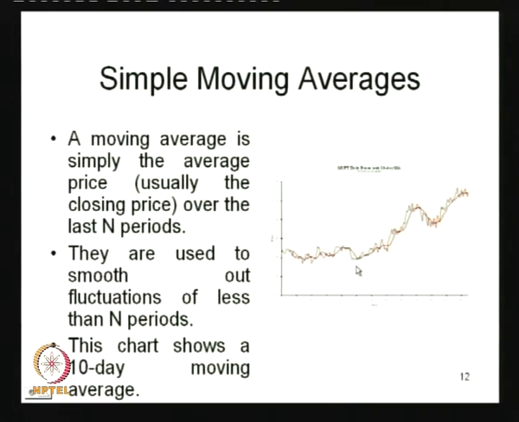If you take the 10 days closing price data, plot it and draw the moving average line, you can see how the price trend is there and how the prices are fluctuating, and depending upon the fluctuation you can decide how the price of the stock is behaving over this particular period.